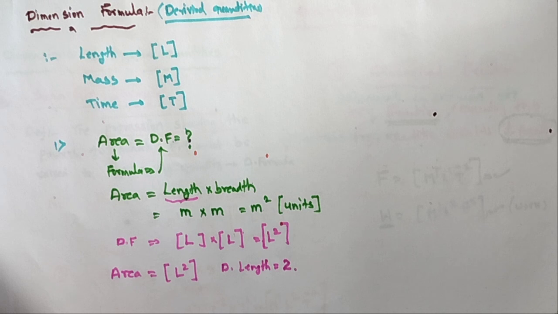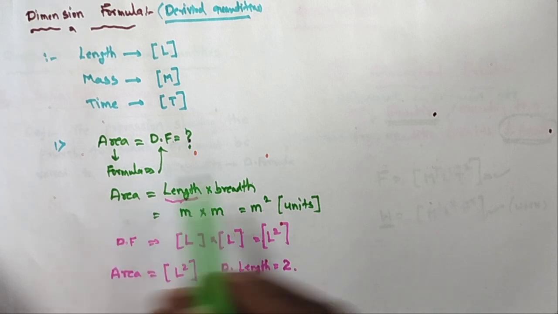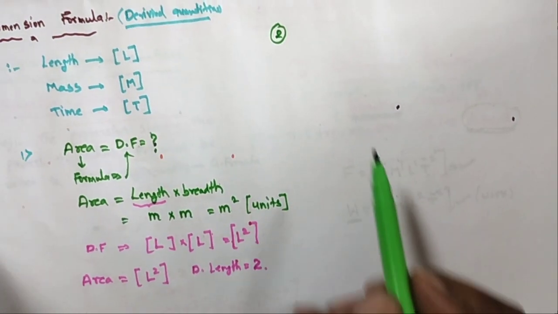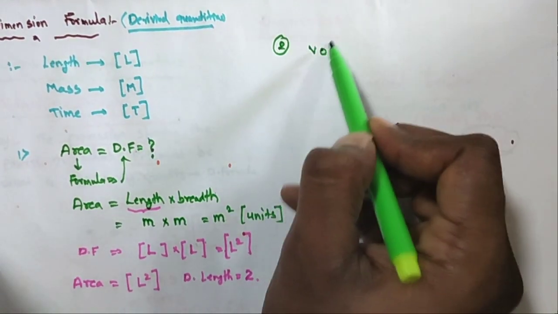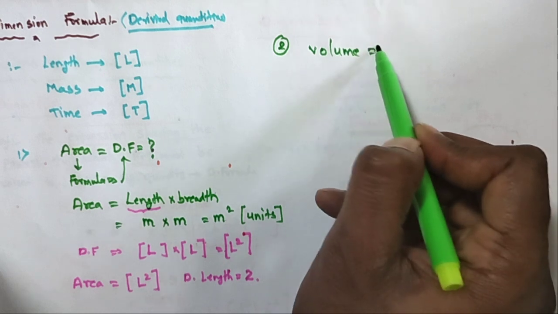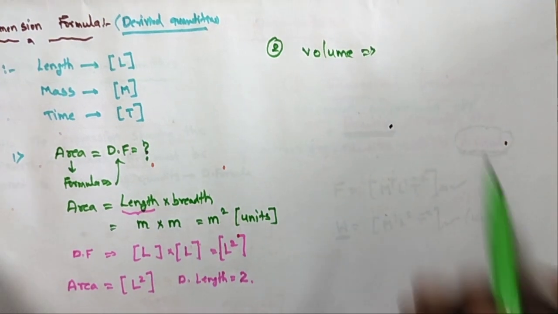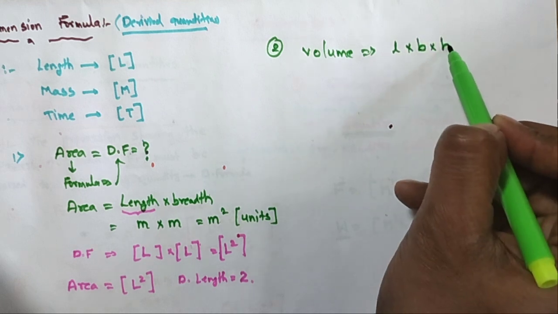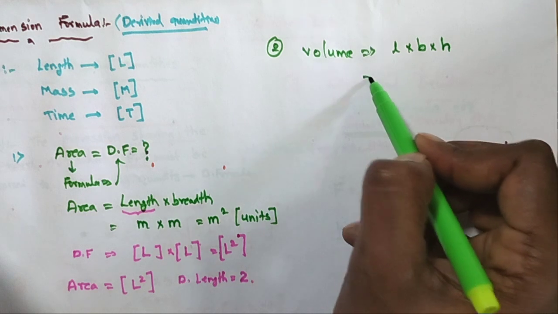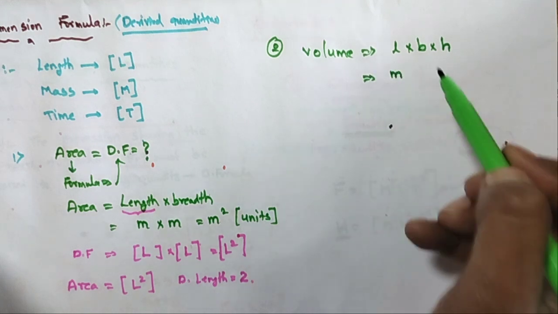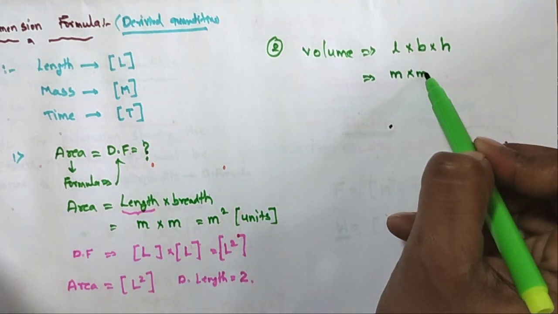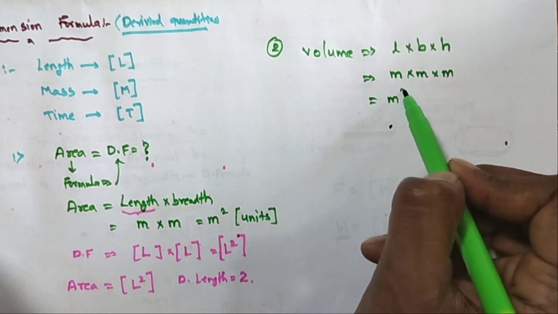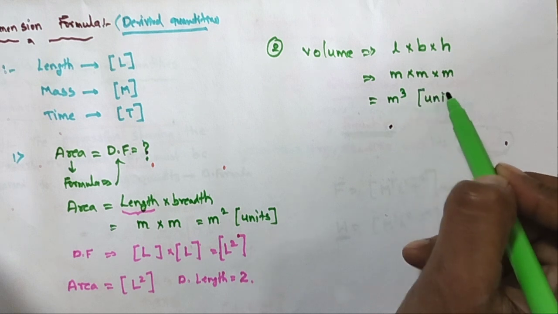First one is completed, I am taking the second one. Volume. We know the formula: volume means length into breadth into height or thickness. Length, breadth and thickness are measured in meters, so that is meter cube. These are the units.